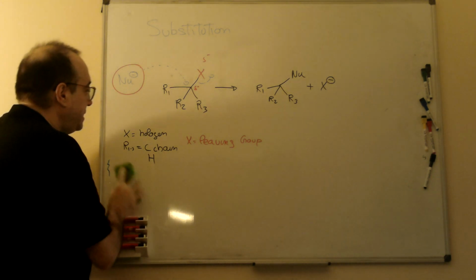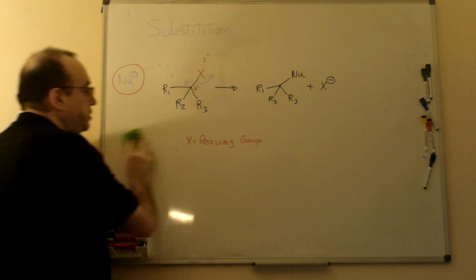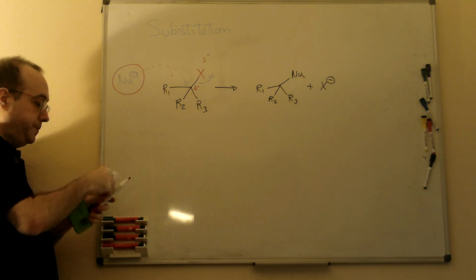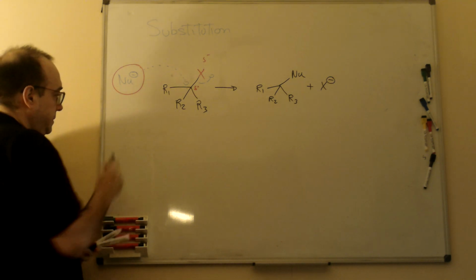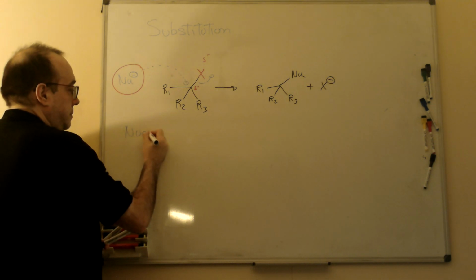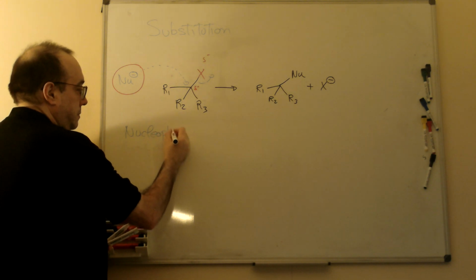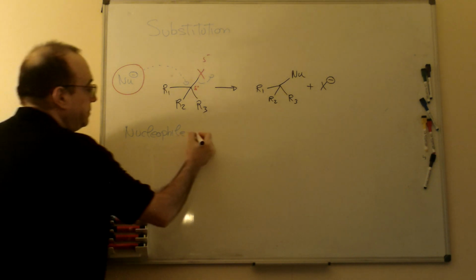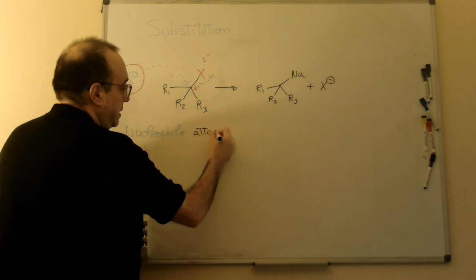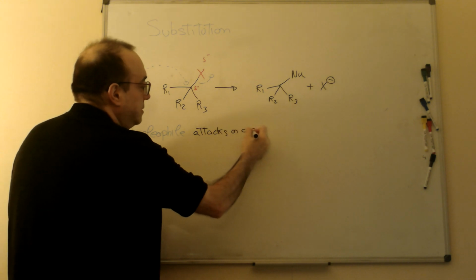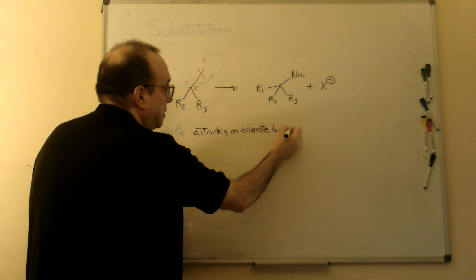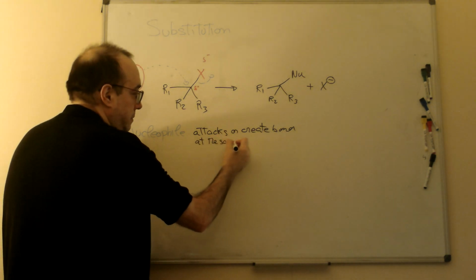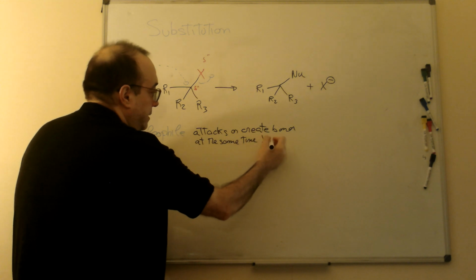We have two options basically. The first option is that the nucleophile attacks, or creates the bond, at the same time that X is leaving.